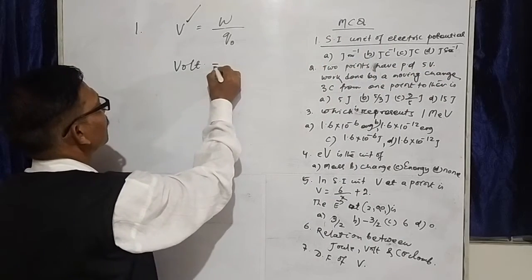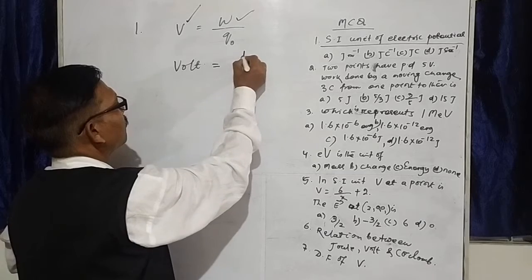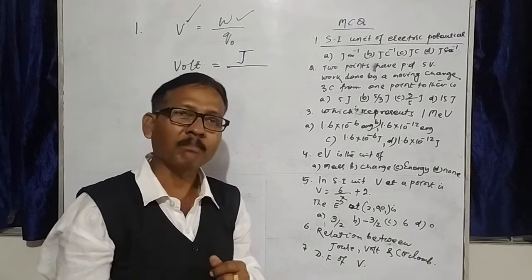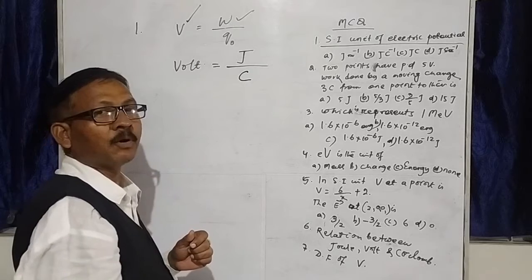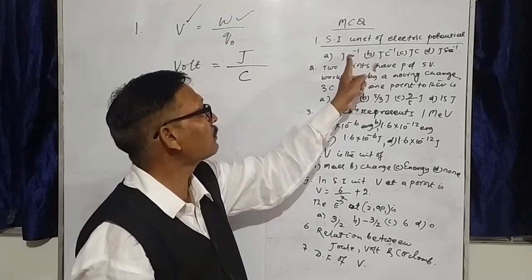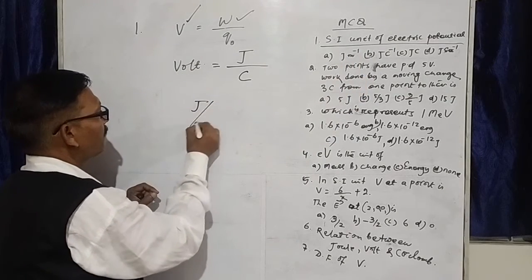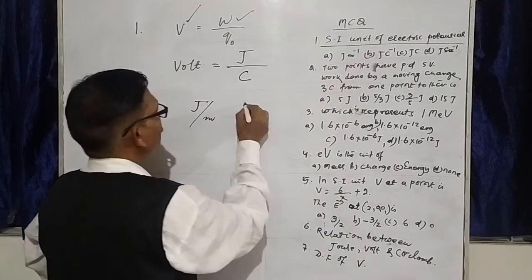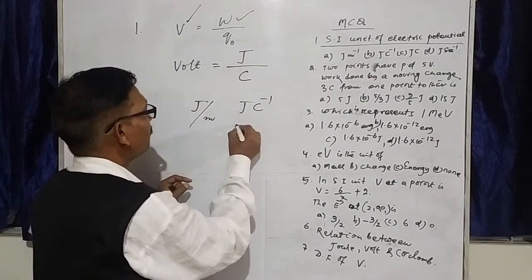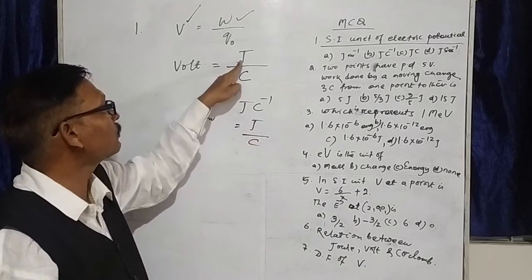Volt is equal to work done, SI unit joule, divided by charge, SI unit coulomb. So joule per coulomb, which is joule coulomb inverse, J divided by C.